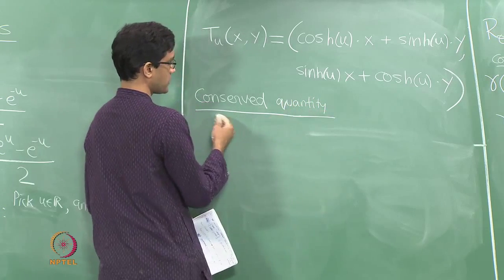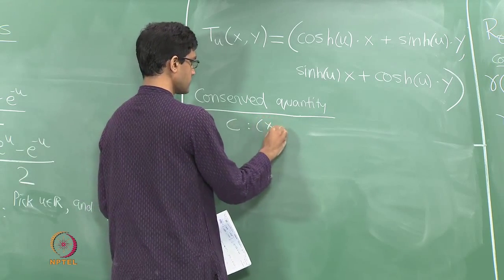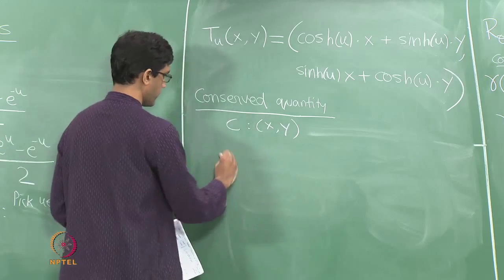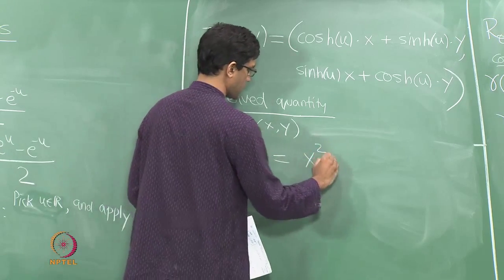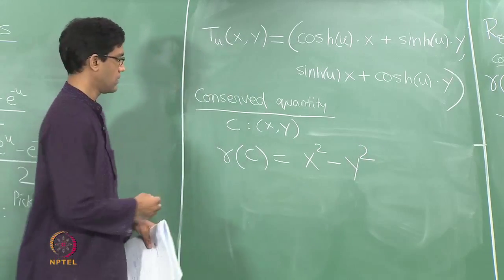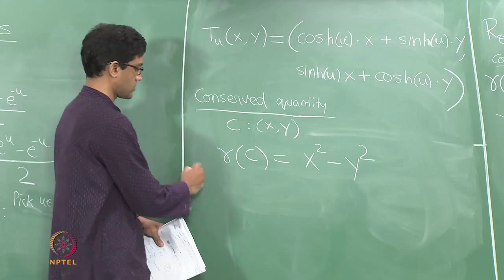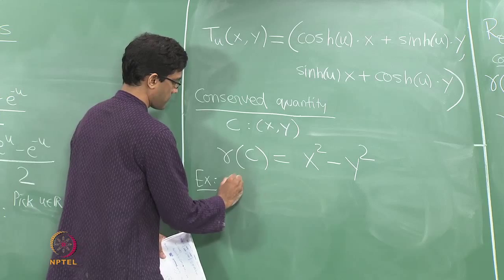What's the configuration? As I said, it's just the coordinates of the point, and define gamma of c in this case to be x squared minus y squared. Okay, and prove that. So check. This part is the exercise. Check that gamma is conserved.